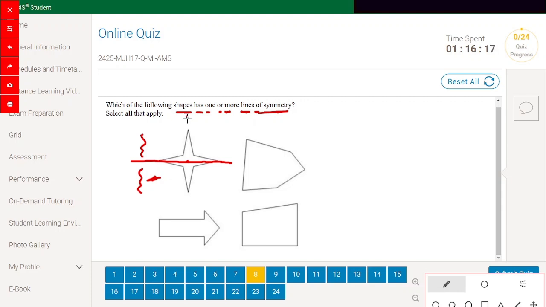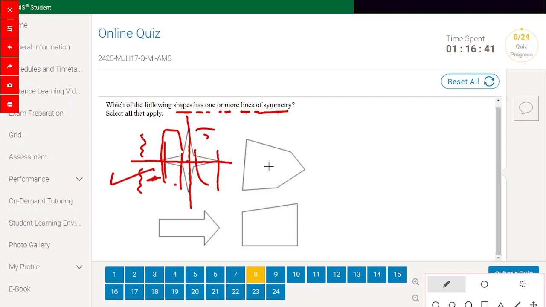At the same time, if we draw a vertical line passing the center of this shape, this side is equal to the other side, they have the same shape. So this shape has one or more lines of symmetry.